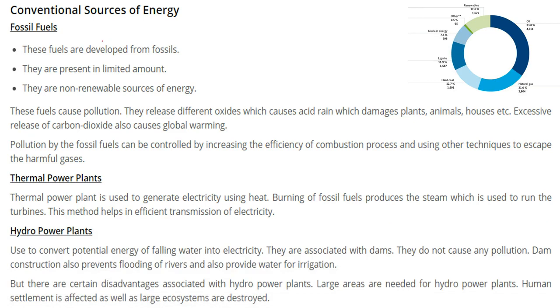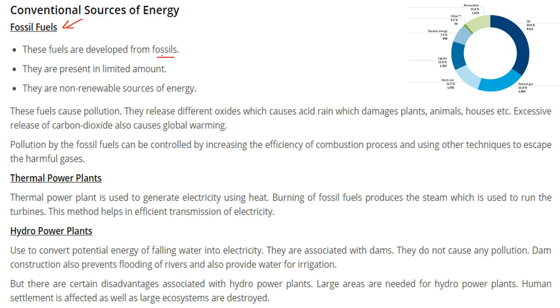Conventional sources of energy. First is fossil fuels. And these are the fuels which are developed from fossils. What are these fossils? Billions of years ago, the flora and fauna perished.